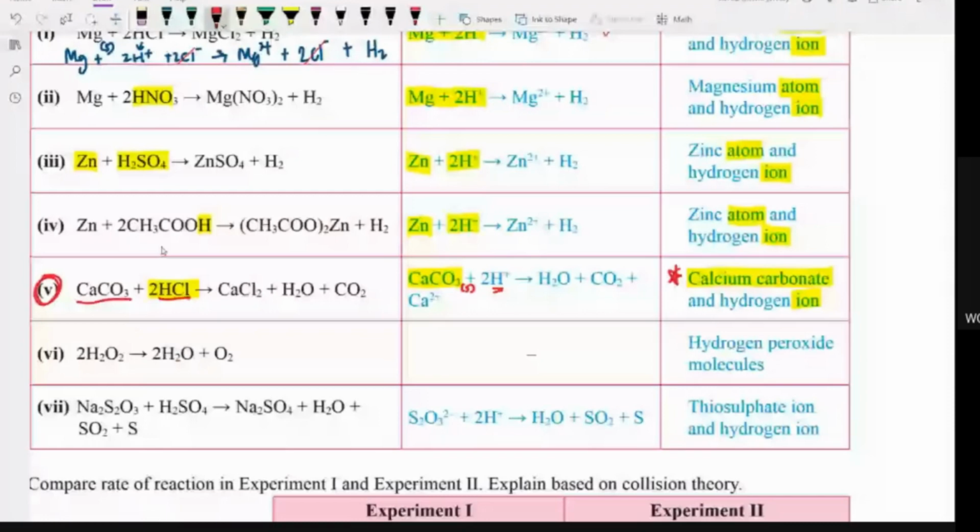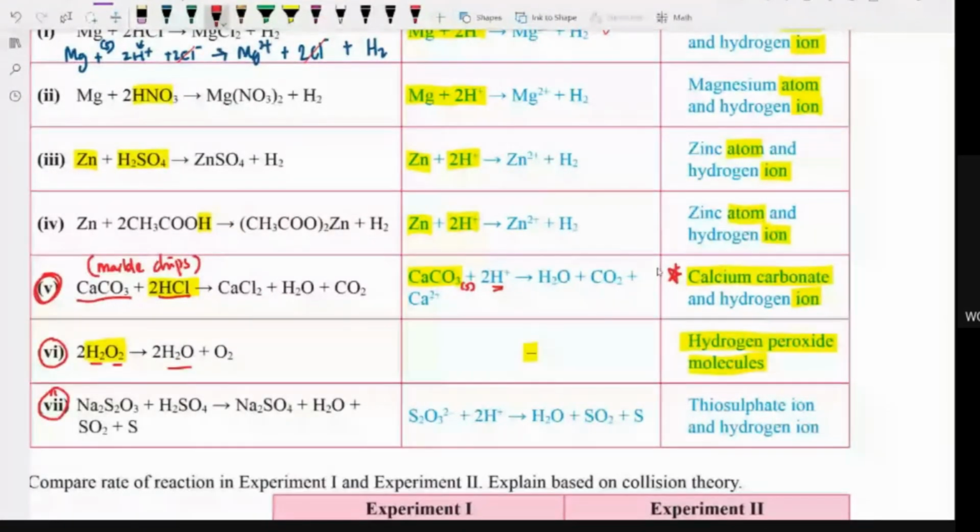Okay, then another one, sodium thiosulfate and sulfuric acid. Again, sulfuric acid is the acid, so it will be the same, hydrogen ions. Then sodium thiosulfate, the thiosulfate here becomes the ion, called thiosulfate ions. You collide with hydrogen ions. Normally when you see this, it is the factor of concentration and temperature.